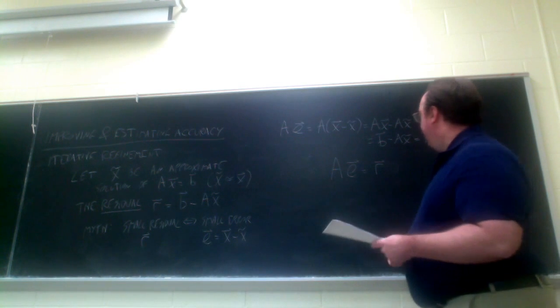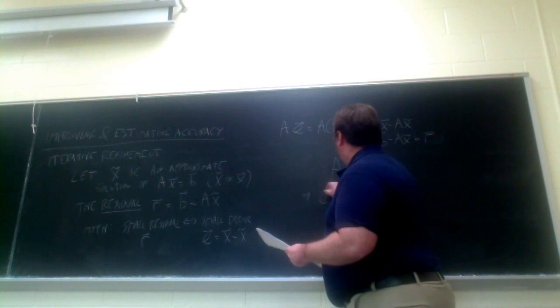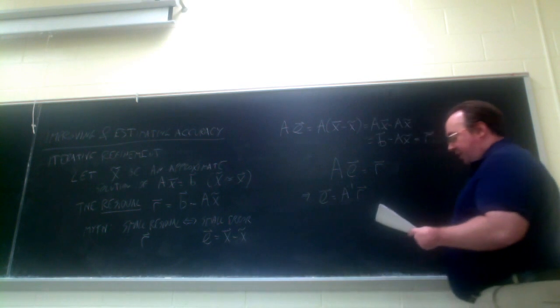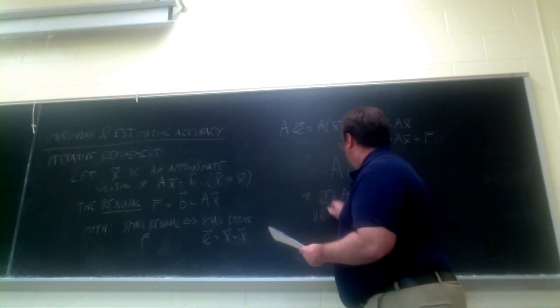So if I just flip this around, error is A inverse times residual. And now I'm going to take norms of both sides, and I'm also going to divide by the norm of x.